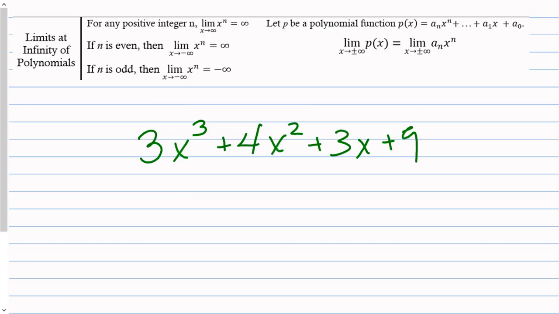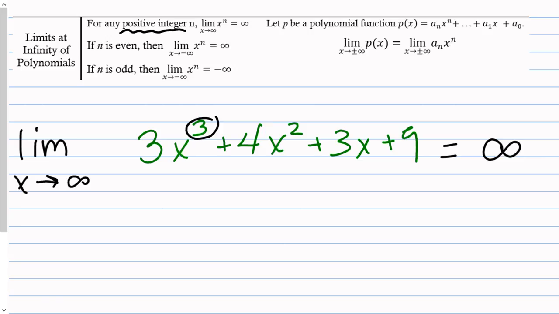If I were to actually be looking for the limit of this function, let's go with positive infinity for right now, as long as my highest degree, which I wrote in order, so this is the highest degree, my biggest exponent, is a positive integer, which 3 is, then my limit is always going to be headed towards positive infinity.